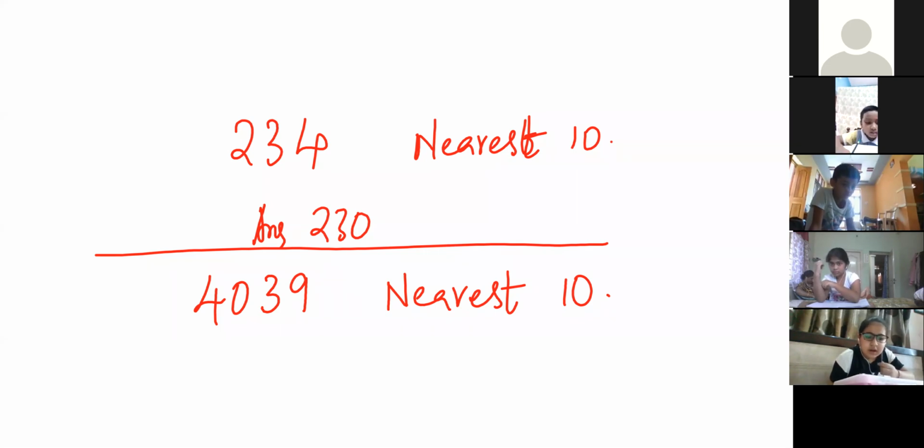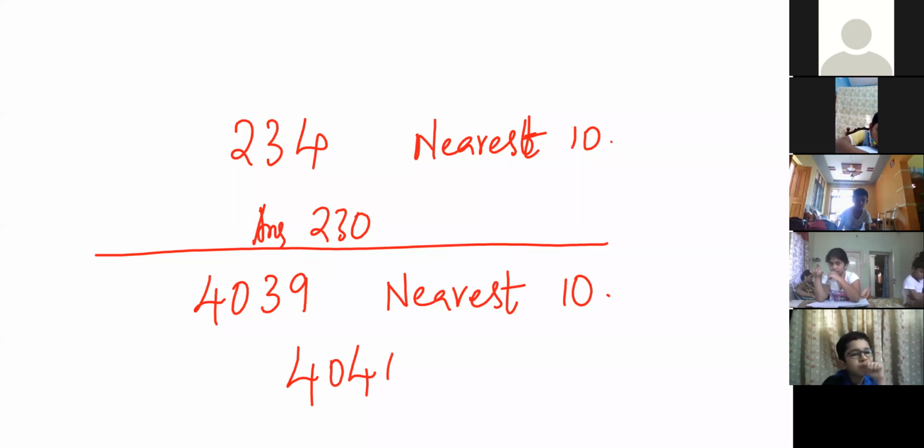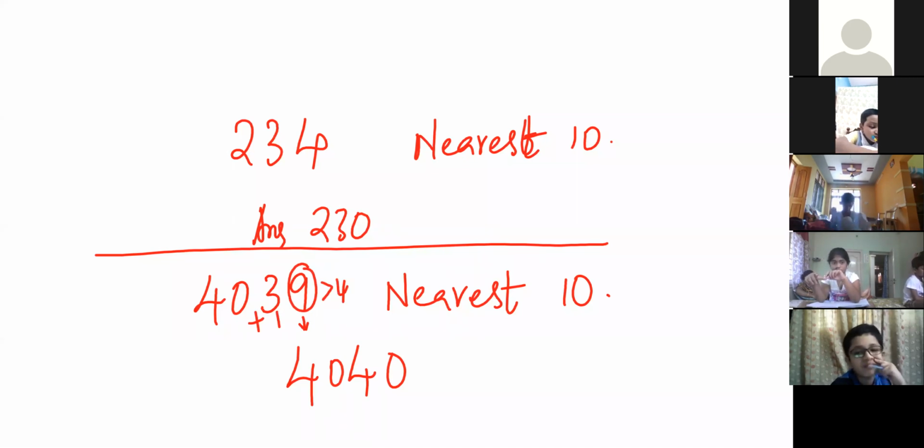Good, Sanvi. The ones place should be 0, and if you go back to 9, it's greater than 4, so immediately you add 1 to the tens place. Very nice. Let me ask you more questions.